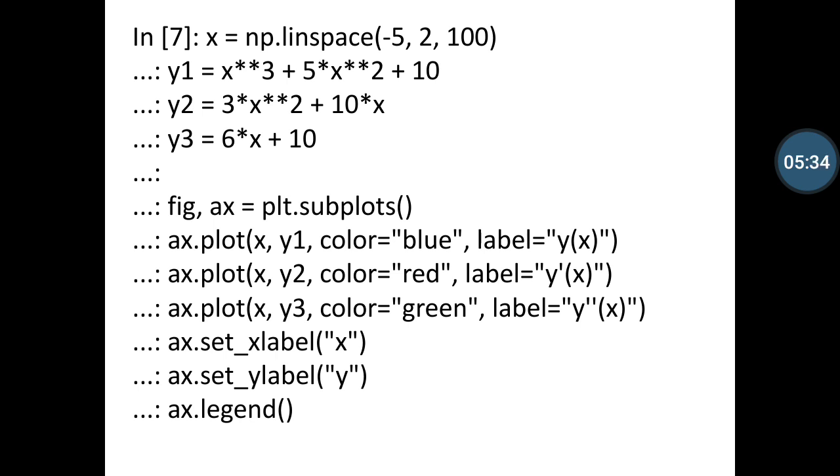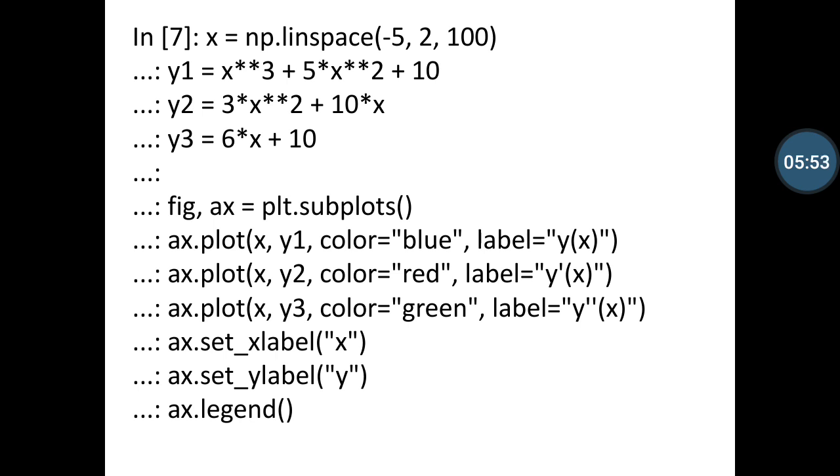And then I define a variable fig, and define an axis as ax equal to plt. Here plt is an alias name that is used to call the functions of the Matplotlib library.